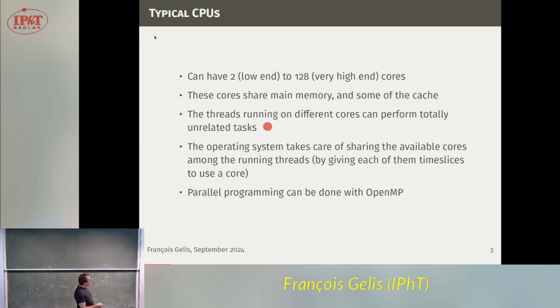A CPU is a very generic computing device, which means that in particular, if you have several threads of execution, so think of different processes, for instance, they can perform totally unrelated tasks. There is a part of the CPU which is organizing which computation is done at every moment.